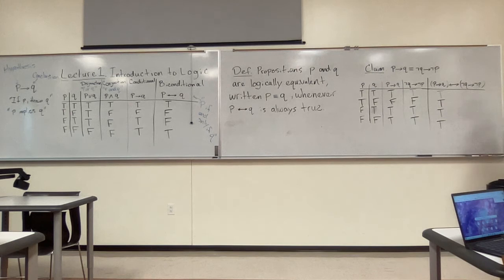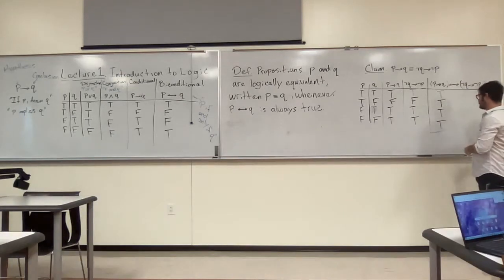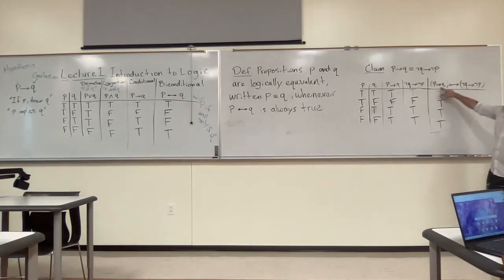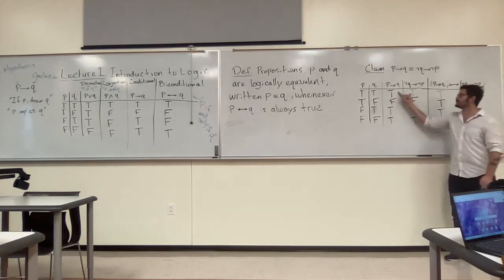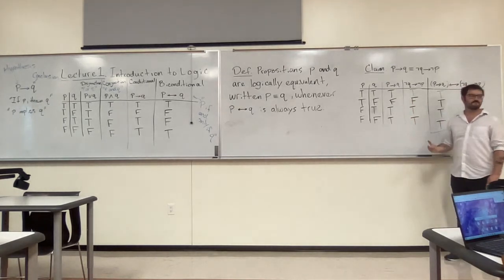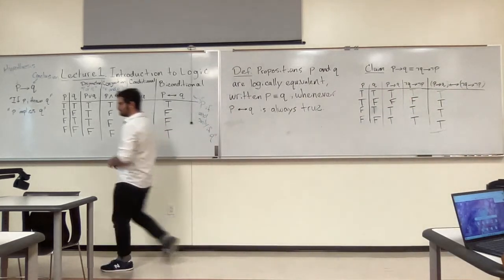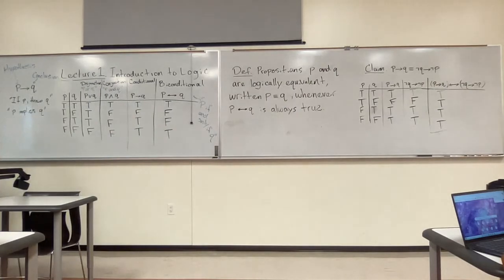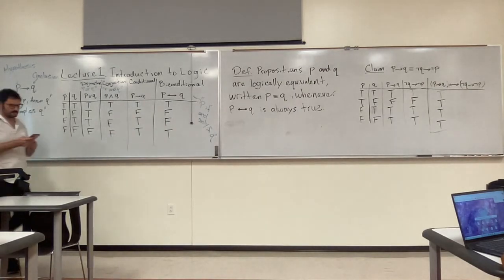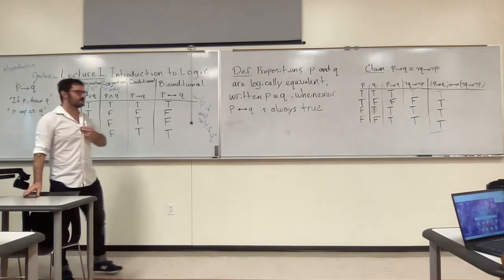Notice that everything here is true. So since everything is true, that is logically equivalent to that, because they always have the same truth value. In fact, we probably should introduce another definition to describe something that's always true or always false.